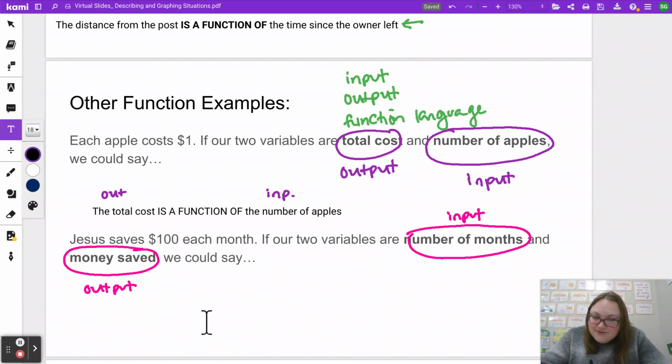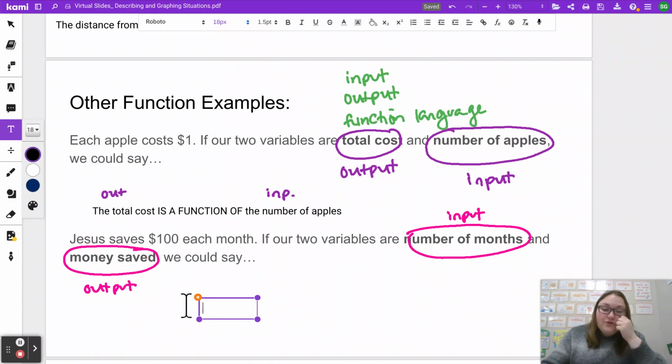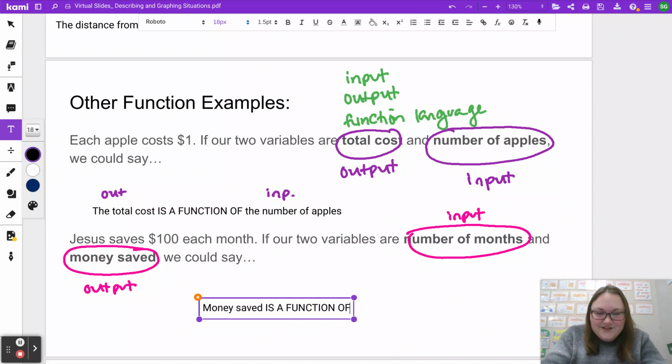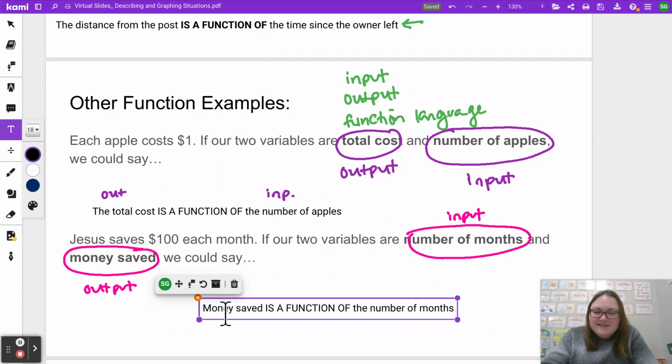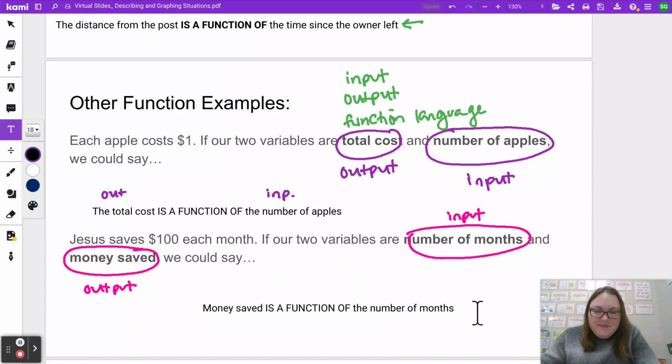Even if I didn't ask you to identify the input and output, you should do that first because it will help you come up with the sentence, which is the money saved is a function of the number of months. Again, I've got the output first in that sentence, is a function of, and then our input.